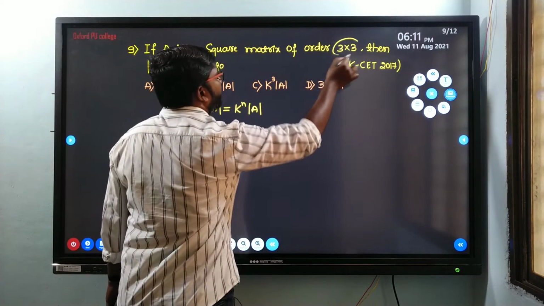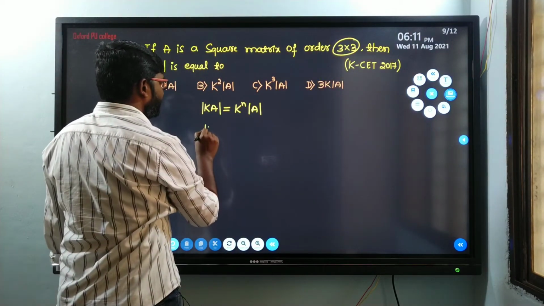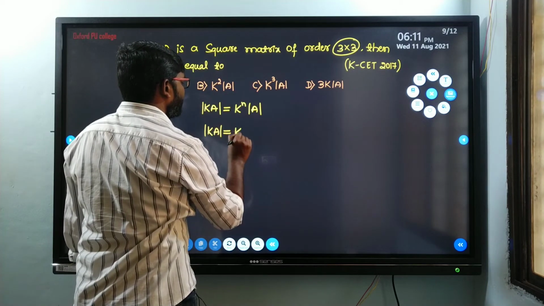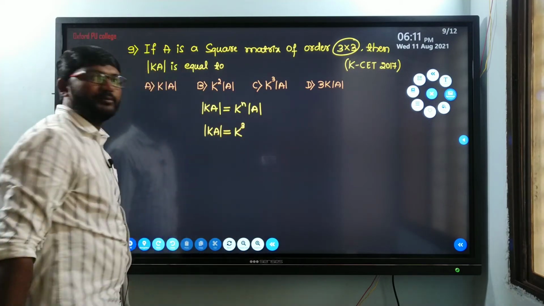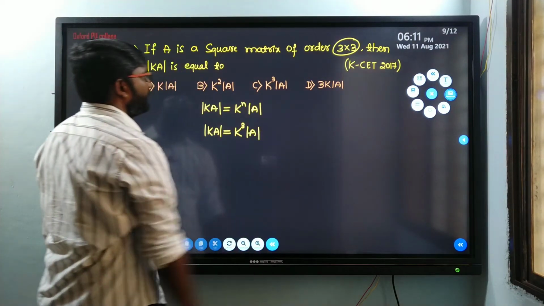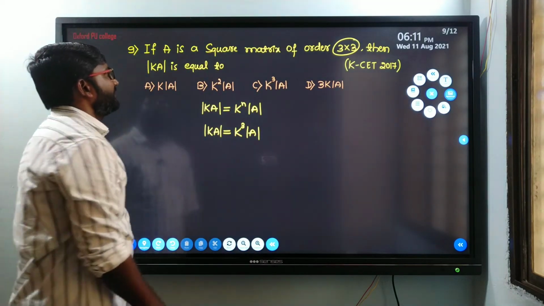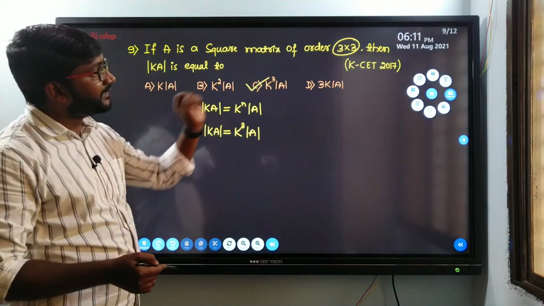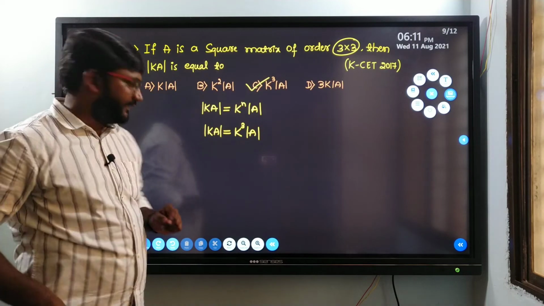It is 3. So the order is 3, and determinant of kA equals k cube into determinant of A. Therefore, option C will be the correct answer. This was asked in Karnataka CET 2017.